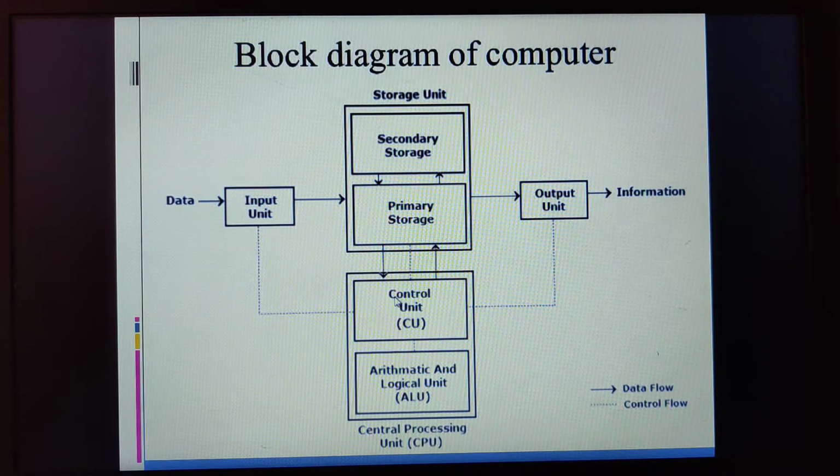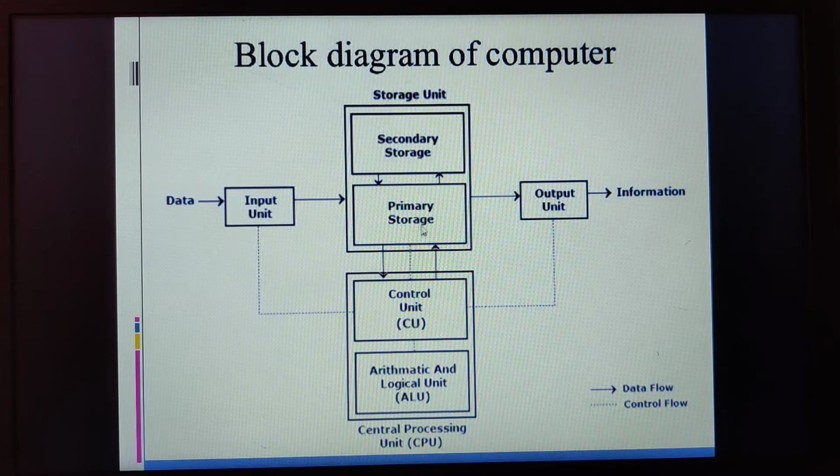The control unit will divide that entire instruction into a series of instructions. Then each and every instruction will be given to the ALU for processing. The ALU, arithmetic and logic unit, is the one which will perform the calculations. After it performs the calculation, the final result will be sent back to the primary memory.